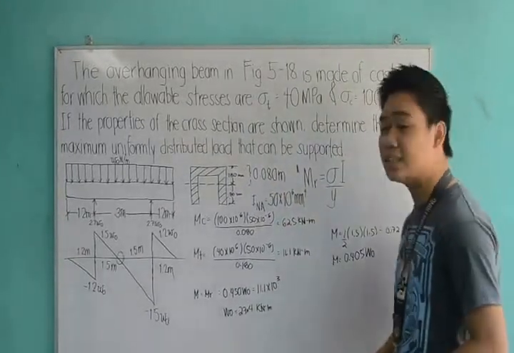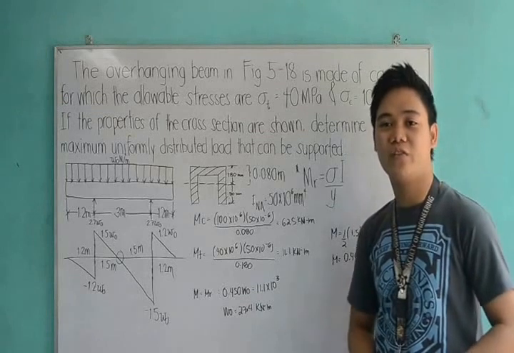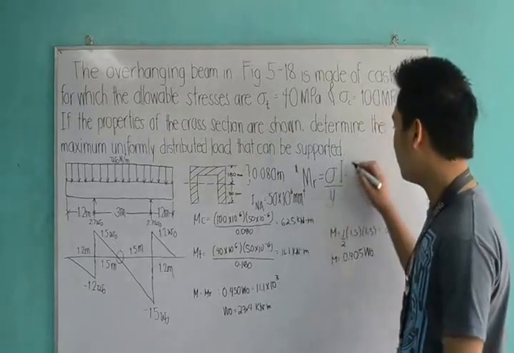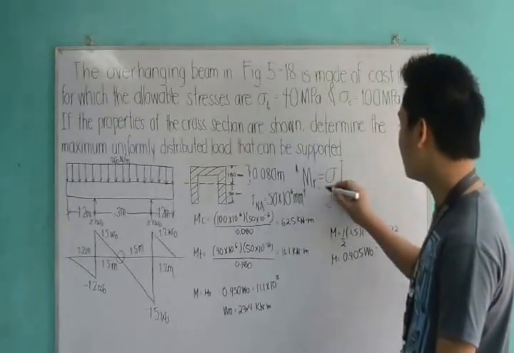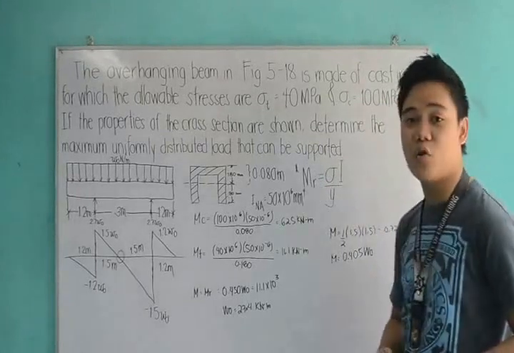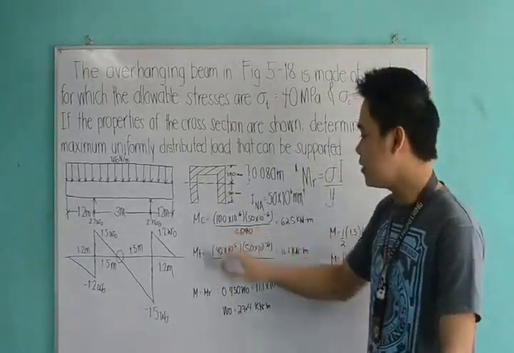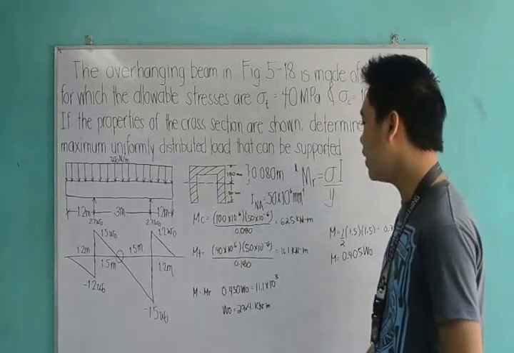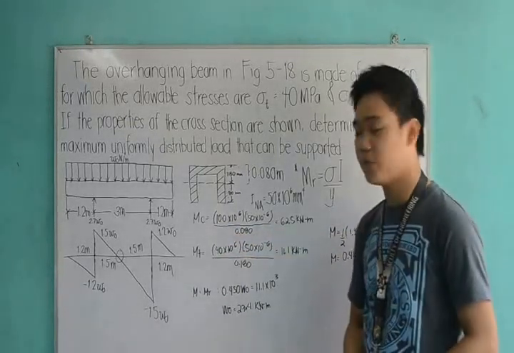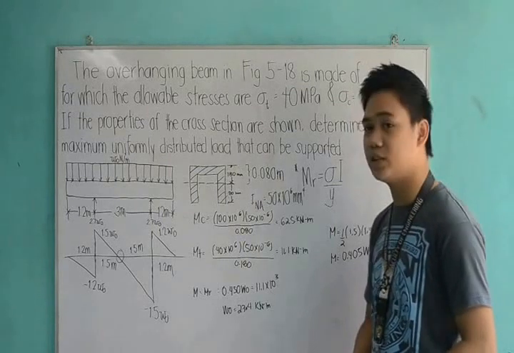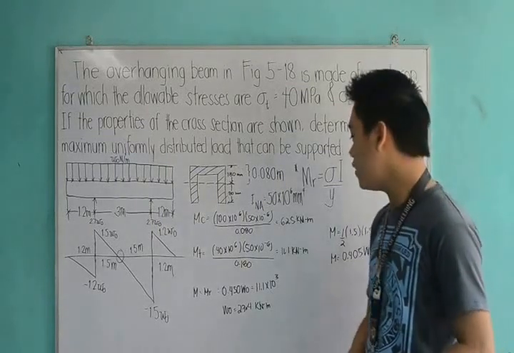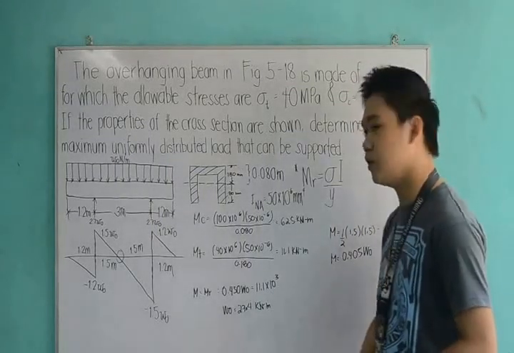So, using the same equation 5-2, which says that MR is equal to stress times I over Y, we can compute the M sub C. Getting the moment compression, we have 100 times 10 raised to 6, times 50 times 10 raised to negative 6, over 0.080, which gives us 62.5 kilonewton meters.